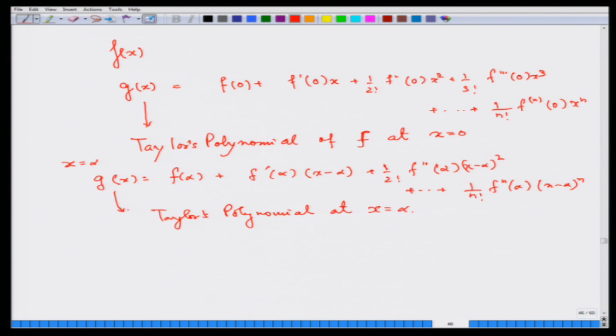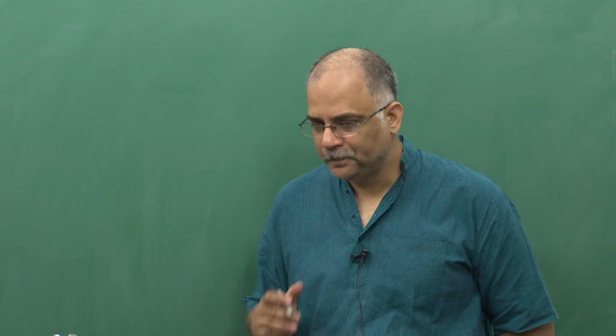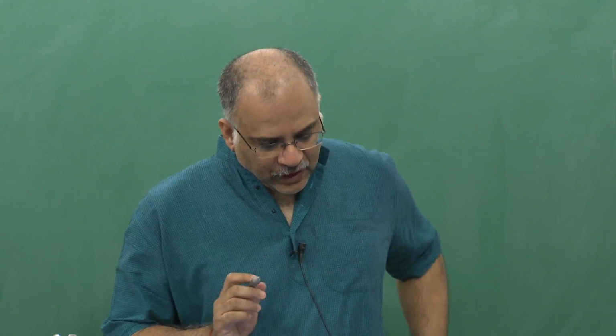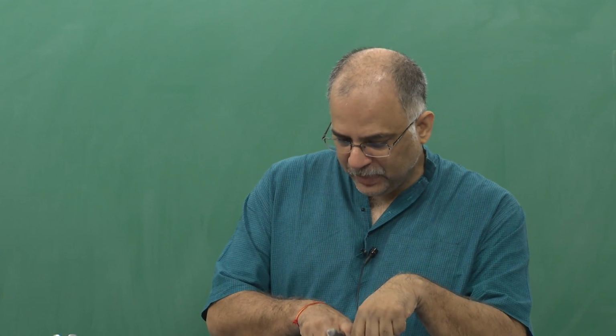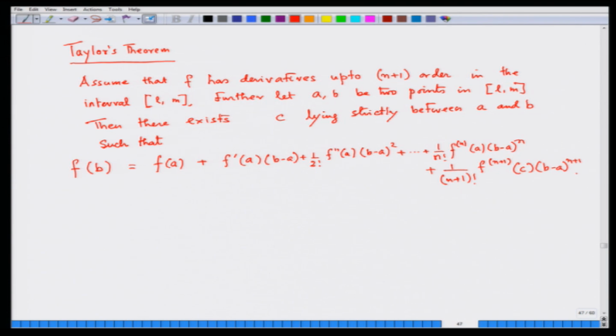Now we are going to formally state the Taylor's theorem. Once we state that, it would be easier for you to understand what we are trying to do. You observe that if I want to compute the value of a function at a given point by taking base as some other point, then I can approximate it by a Taylor polynomial. So if you look at up to this part of what I have written down here, this part is the Taylor polynomial, but what Taylor did was to also compute how much error it would have.